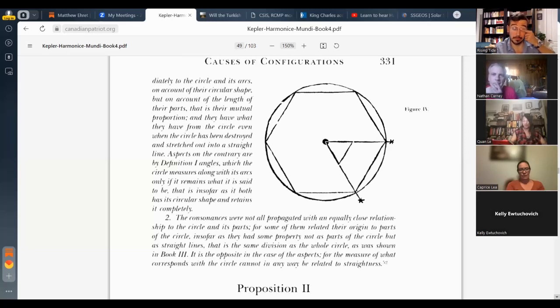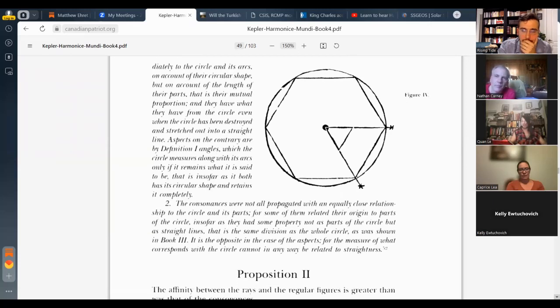Aspects, on the contrary, are by definition angles, which the circle measures along with its arcs only if it remains what it is said to be, that is, insofar as it both has its circular shape and retains it completely.